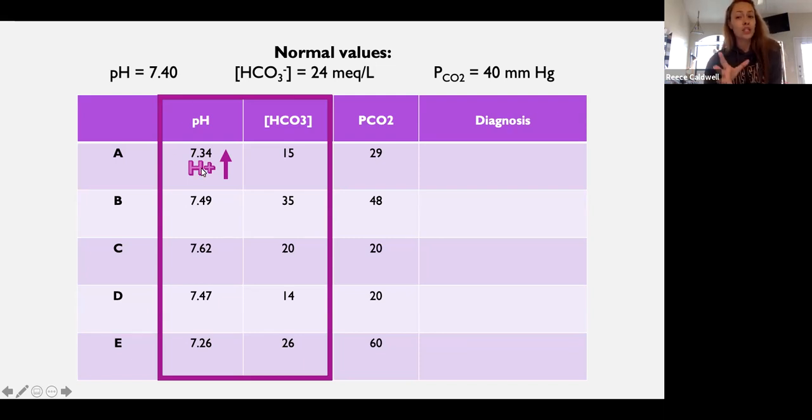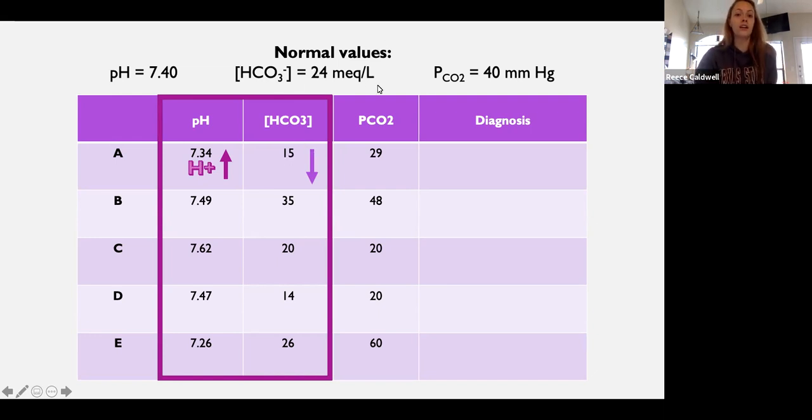So that relationship is a little weird. A lot of people want to think that a higher pH means more acidic. It's the opposite. A higher pH means more basic. So lower pH, more acidic. So we have an increase in hydrogen ions for A, and we have a decreased bicarbonate concentration.